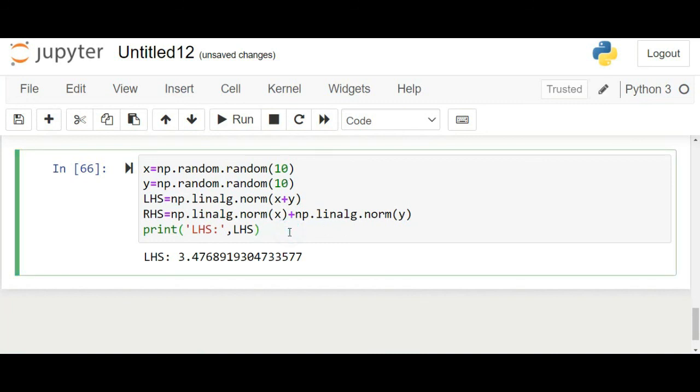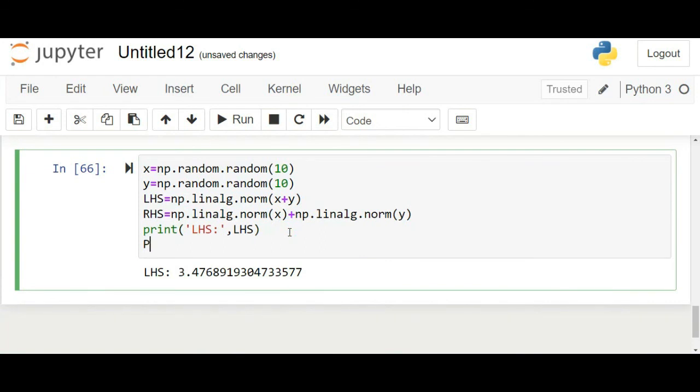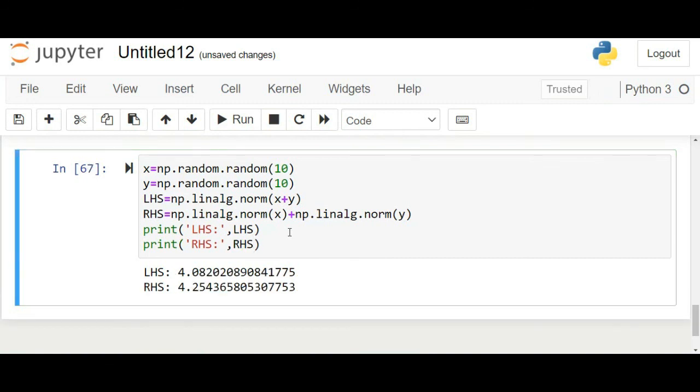Okay. And this is the left hand side, and if we write print, single quotation marks, right hand side colon, and then comma right hand side, yes, this is our right hand side.